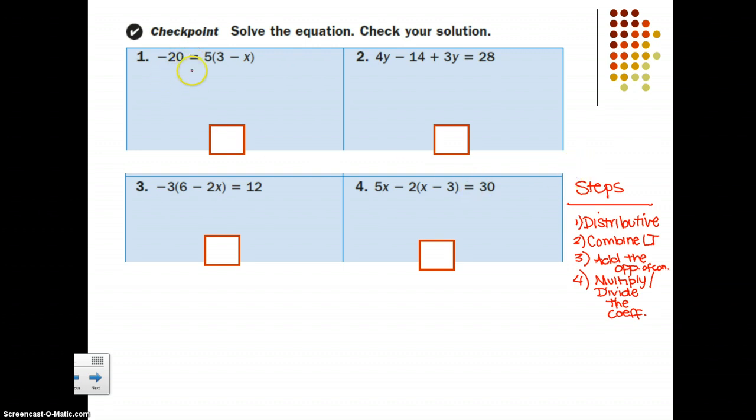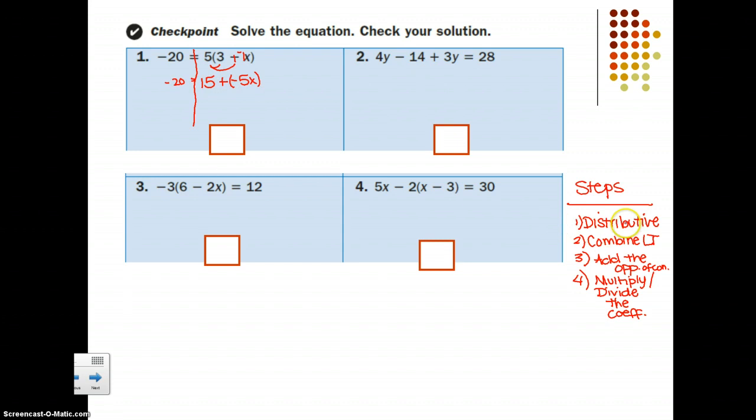Pause the video and try these problems. Number 1, you should see distributive property. Distribute the 5, 15. Because of that 1 there, it's negative 5x. Bring down the negative 20. Try to keep your equal sign in line and keep the x on the right side. You don't need to be moving things around. Clear the constants.